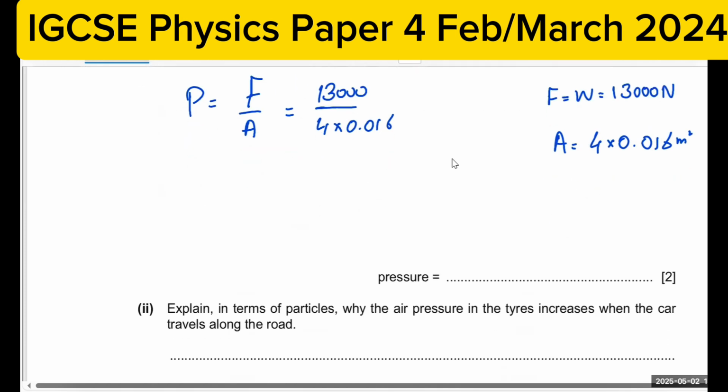What is that? 200 kilopascals. 200,000, so you can write 200 kilo, and the unit of the pressure is Pascal, or you can write the unit of the pressure is Newton per meter square because area is given in the meter.